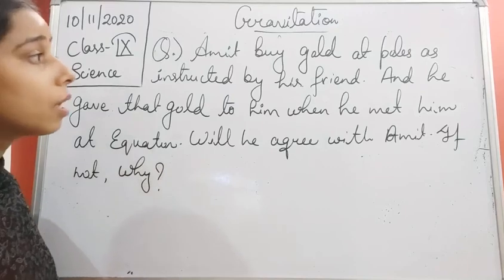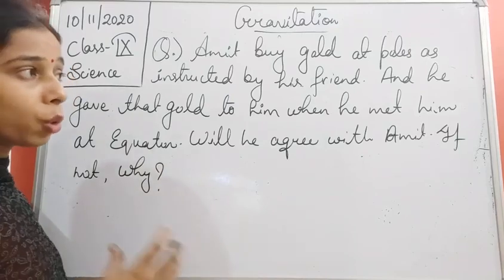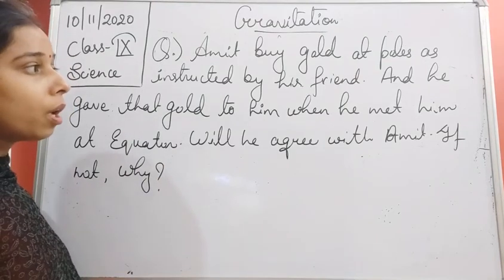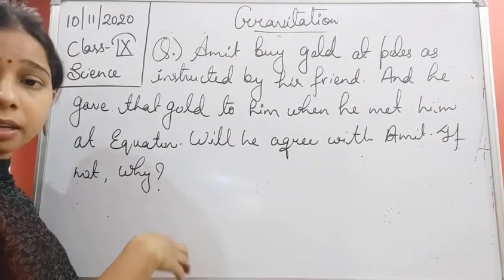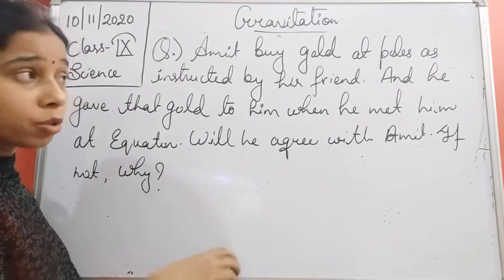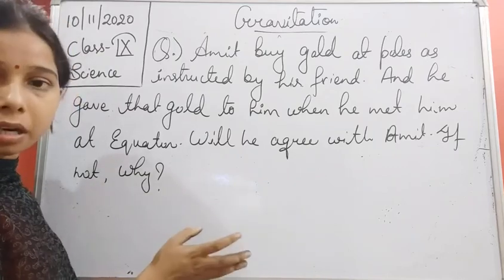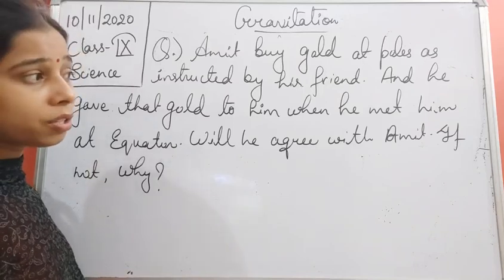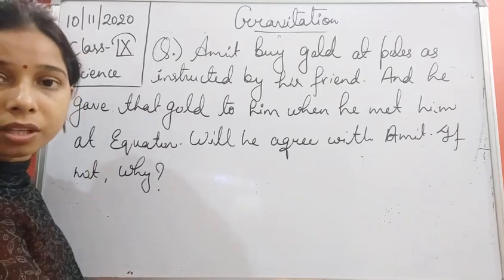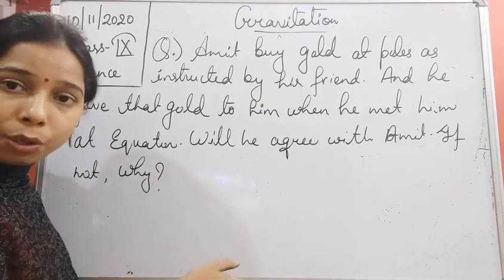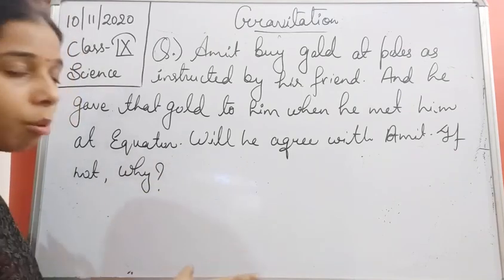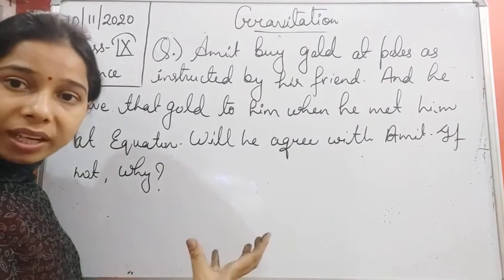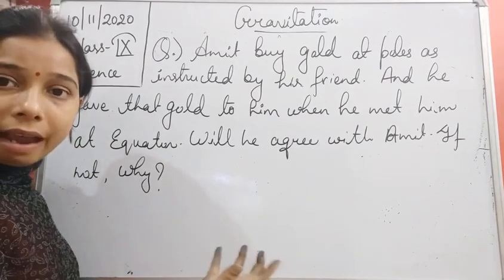You see, students, that Amit buys some gold, and at that time he was at the pole. He buys the gold because his friend had told him to buy gold. So at that time he was at the pole of the earth, and from there he buys the gold, and when he reaches there, because his friend was living at the equator, and he hands over the gold, will his friend agree with the weight, or you can say the grams of the gold?